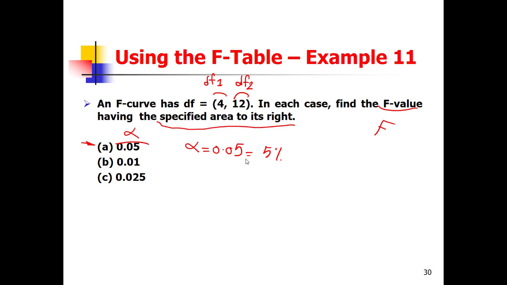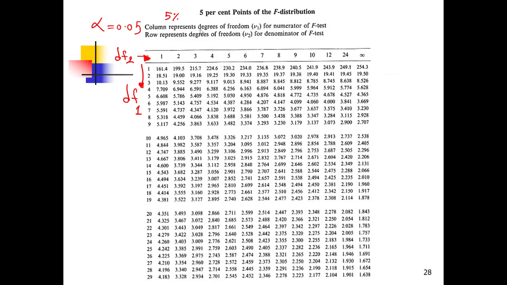So which table do I have to go to? This is the table for 5%. First degree of freedom is 4, second degree of freedom is 12. So my F value is located here: first degree of freedom 4, second degree of freedom 12 is 5.912.